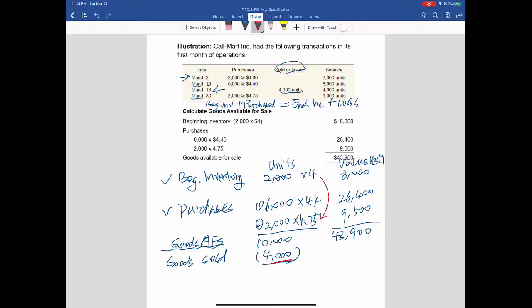So from which purchase the inventory is sold will determine the cost of goods sold and ending balance of inventory. This relies on the assumption the reporting firm applies. Next is ending balance of inventory. It's 6,000 units. And this assumption will determine both cost of goods sold and ending balance of inventory.